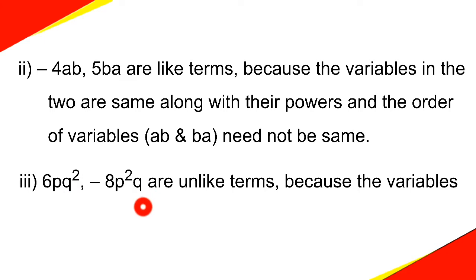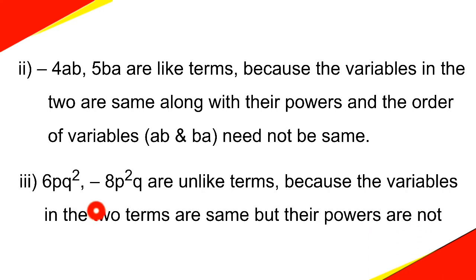So we can say these are unlike terms, by seeing only. No need to take a common factor also. 6pq square, minus 8p square q are unlike terms because the variables in the two terms are the same but their powers are not the same. Okay.